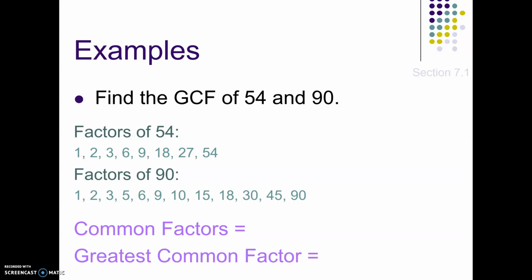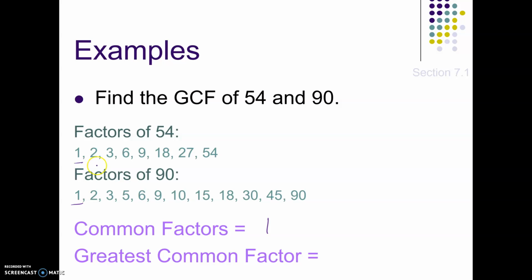To find the GCF of 54 and 90, I'm going to do the same thing. Let's look at the list of all factors of 54 and the list of all factors of 90. Again, you can generate those lists using a table and thinking of those factors in pairs. Looking at those lists side by side, I'm seeing numbers that show up on both lists.